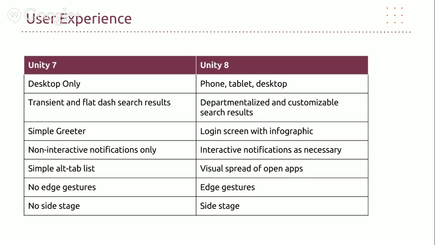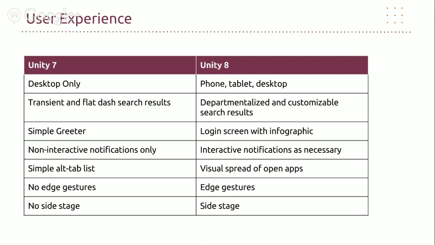Unity 7 has a simple alt-tab list, pretty traditional, but Unity 8 has that beautiful spread of open applications. So we need to figure out how to bring the efficiency of the alt-tab list to the beauty of the visual spread. Unity 7, no edge gestures, but Unity 8, if you have a touchscreen, you soon get used to using edge gestures and the power of them.